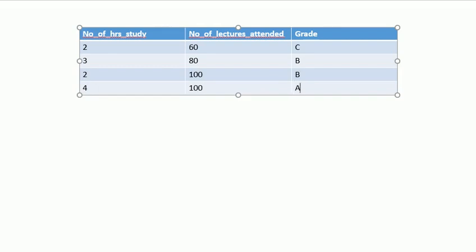So this is how we get the data for each and every student, how many hours he is giving for studying and how many lectures he has attended, and similarly we see that he has got a grade accordingly. So this is called labeled data.